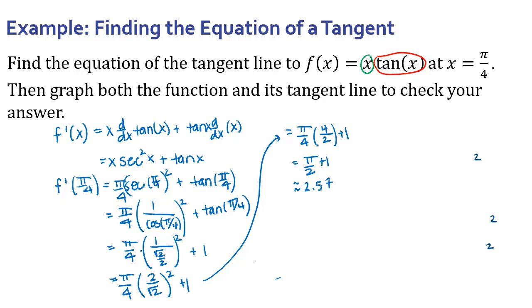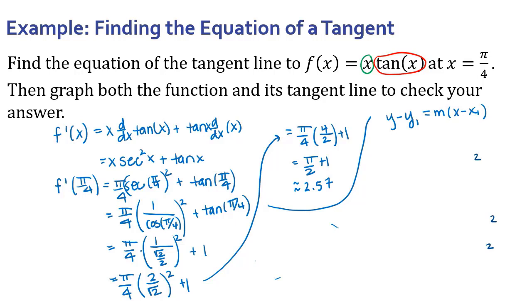If I was trying to find the equation of the tangent line, I would use the point slope formula: y minus y1 equals m times x minus x1.